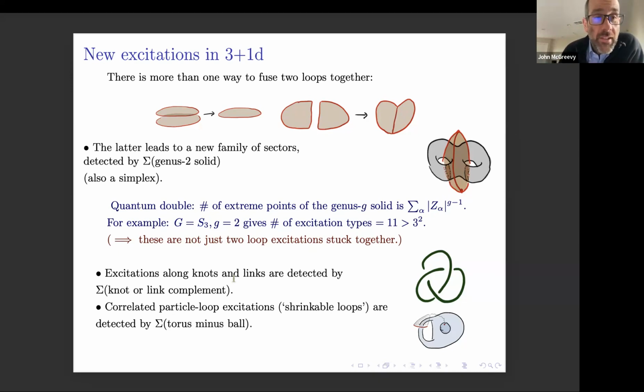This knot excitation can store quantum information. It has a bigger than one-dimensional Hilbert space. So indeed, there's kind of a bewildering array of possible topological excitations for any 3-dimensional topological order.